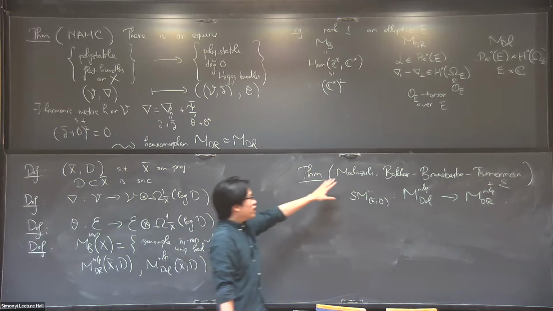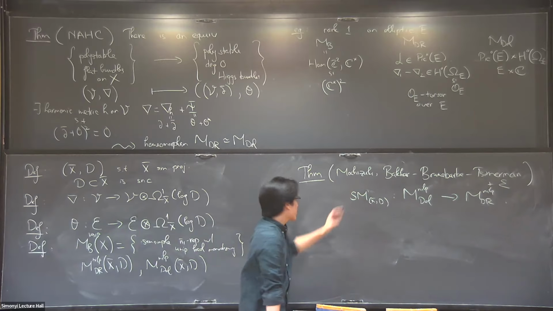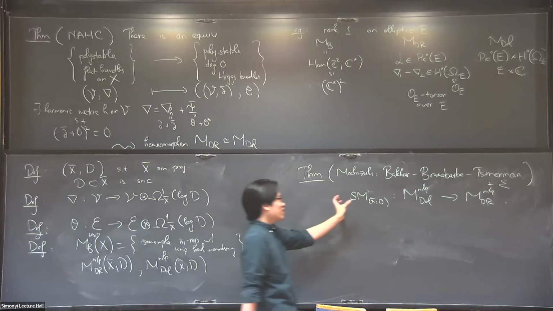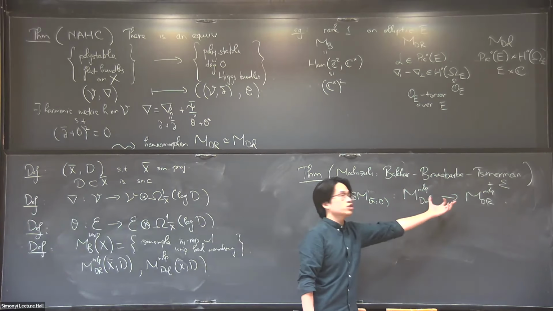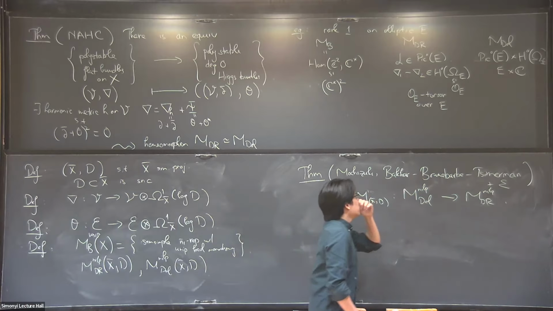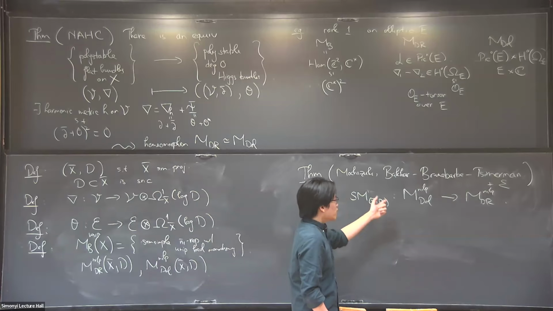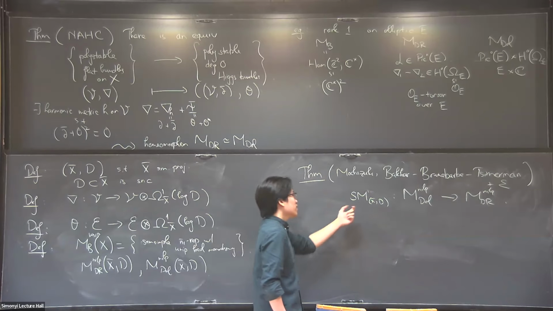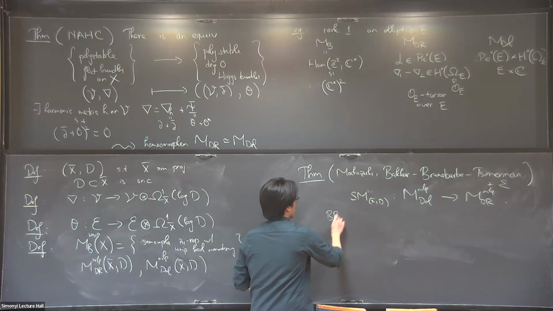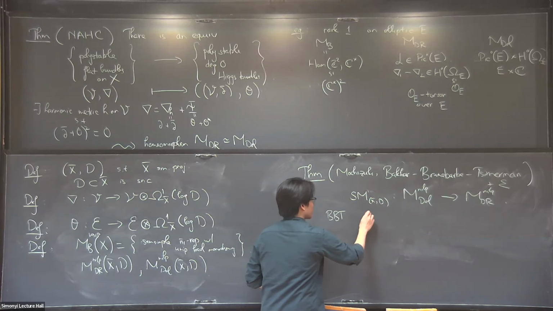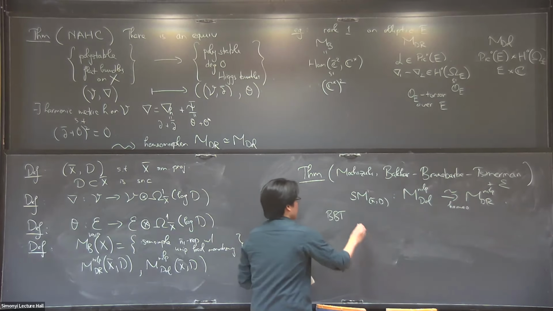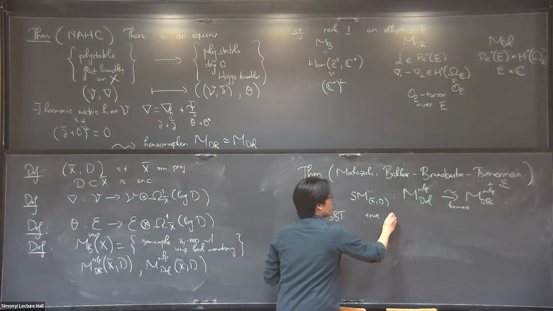So basically, Mochizuki proved that there's an equivalence of categories between these two. If you want, he gave a set theoretic bijection between these two sets. And then this recent paper proved that you have a homeomorphism in the case where X bar is a curve.